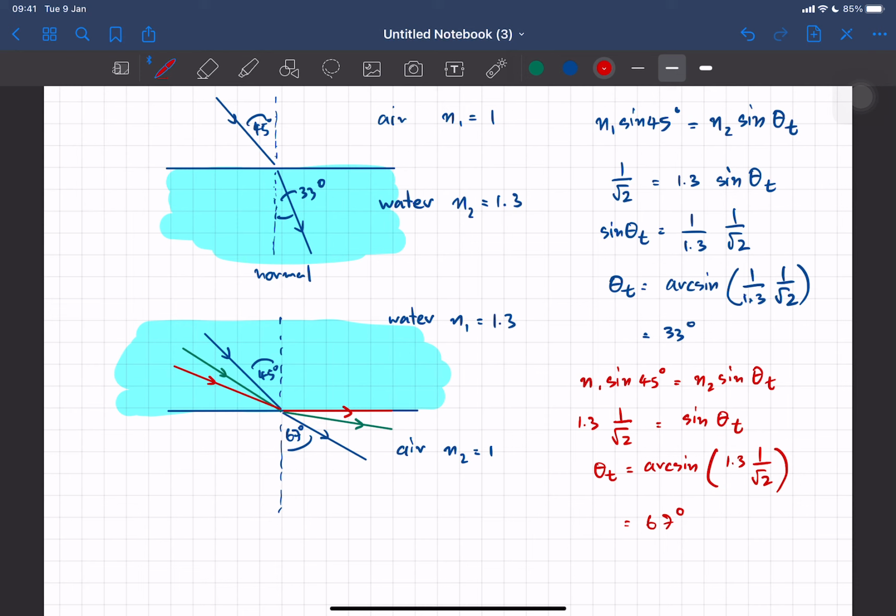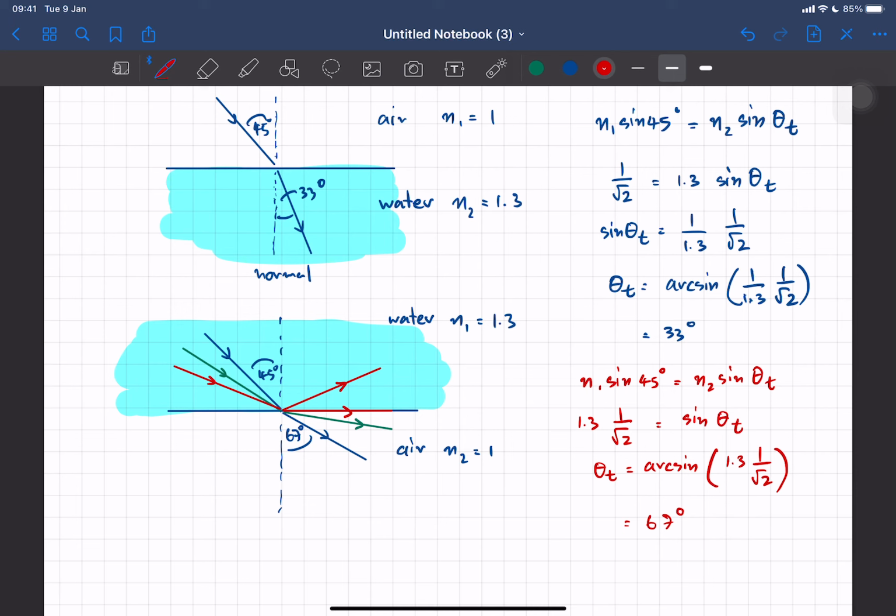So where does the light go? Remember that we are talking about refraction here, but in reality we need to remember that there's reflection also happening like this. So in this case, there's no light going to the lower part, which is air in this case.